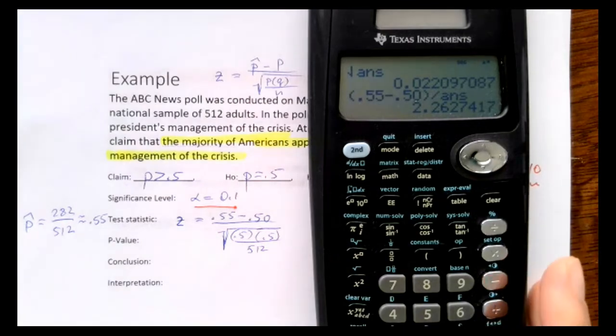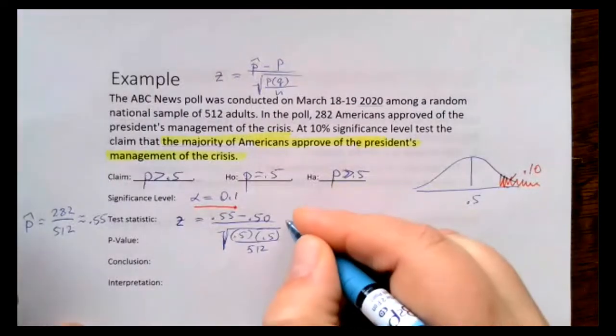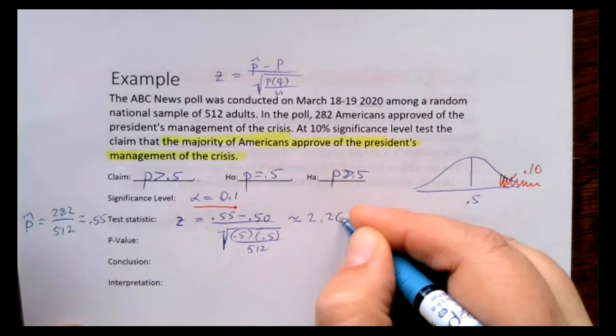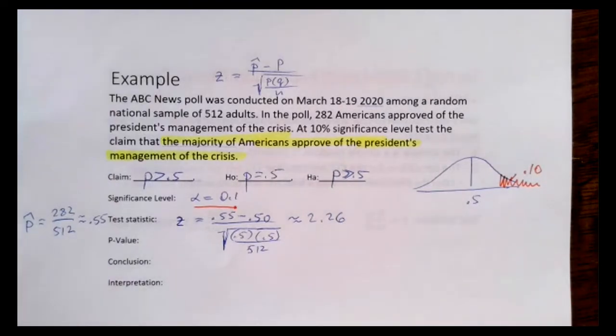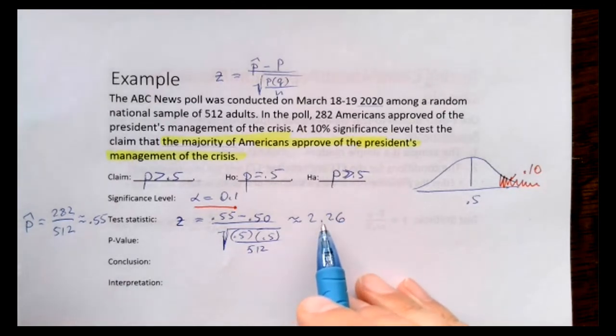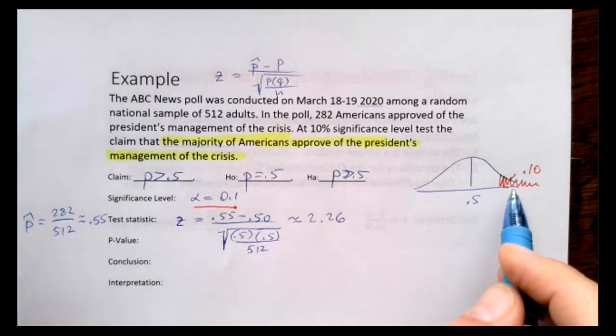Okay, so I got 2.26 approximately. For z values, it's okay to round them to 2 or 3 decimals. 2 decimals is usually okay for the z value. So this is my test statistic. Now the question is, is this an unusual value?